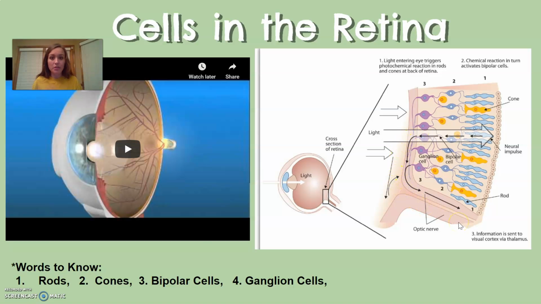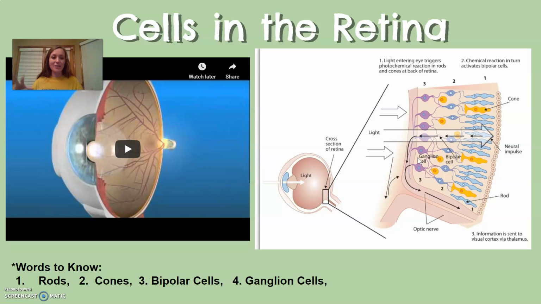To try to remember the order of this, I think of this idea of moving from least to greatest, and I know this sounds kind of strange, but I'll explain. It hits rods and cones first, and then we have this cell called a bipolar cell, and I think of bi meaning two, and then gang is usually a bunch of things.